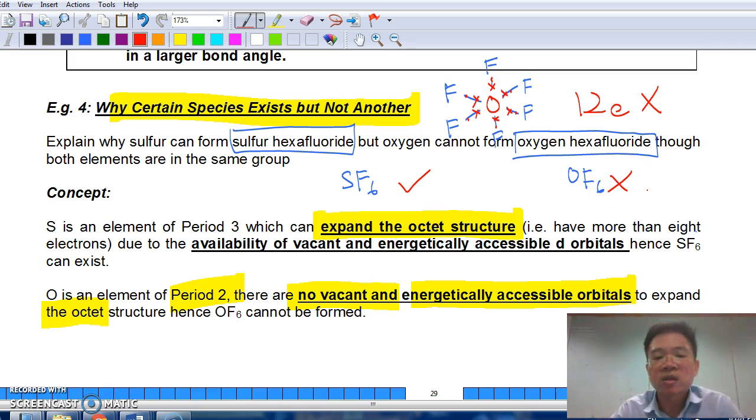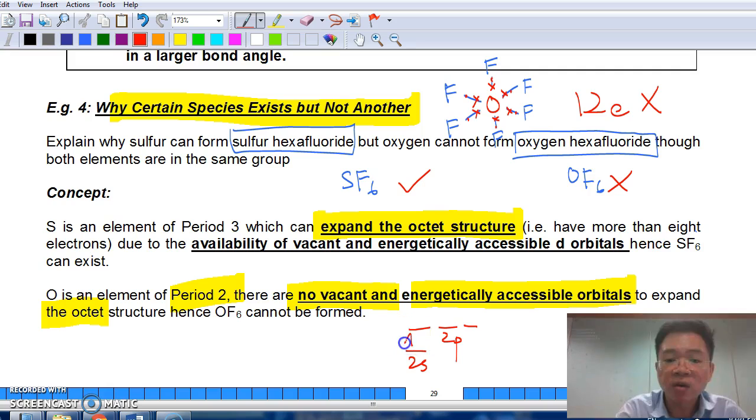So this is a concept of the ability of period 3 onwards elements to expand their octet, and period 2 elements not to be able to. This energetically accessible and vacant orbital means that, for example, period 2 elements have 2s and 2p orbitals.